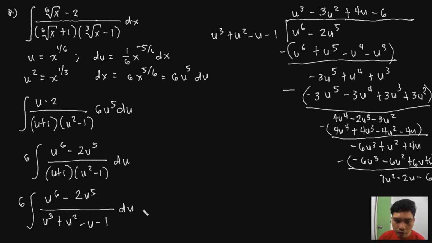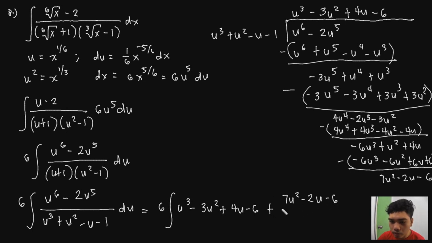So we can just equate this, so that becomes 6, the integral of u cubed minus 3u squared plus 4u minus 6, and then plus 7u squared minus 2u minus 6 divided by u cubed plus u squared minus u minus 1.